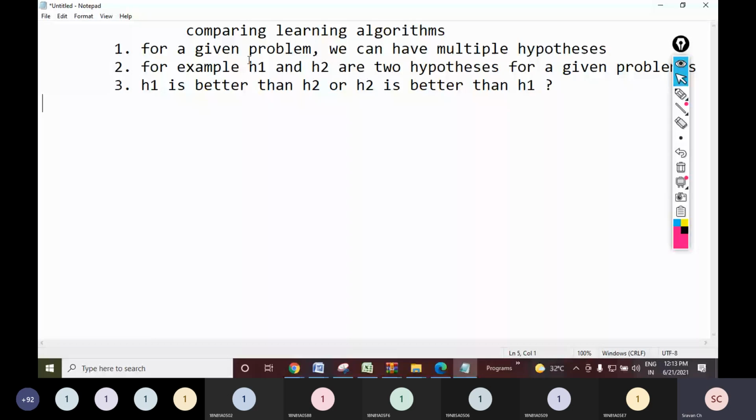Maybe I got H1 from one type of neural network, and I got H2, which is also a solution for the same problem, from a different type of neural network. Or H1 is one type of decision tree, and H2 I got from another type of decision tree. So you tell me, can I compare H1 and H2? Can I identify whether H1 is good or H2 is better? Please respond in the chat box. Is it possible?